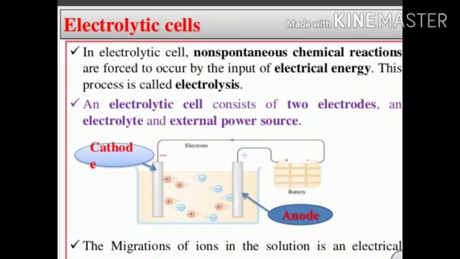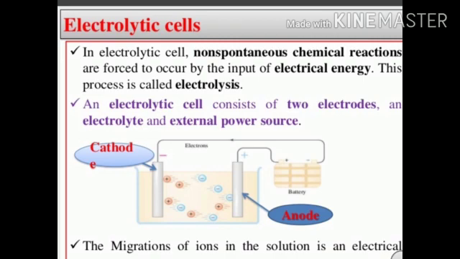Whenever an electrolyte is dissolved in water or taken in the molten state, the electrolyte dissociates to produce positively charged and negatively charged ions. On passing electric current, the oppositely charged ions move towards the oppositely charged electrodes as opposite charges attract each other.